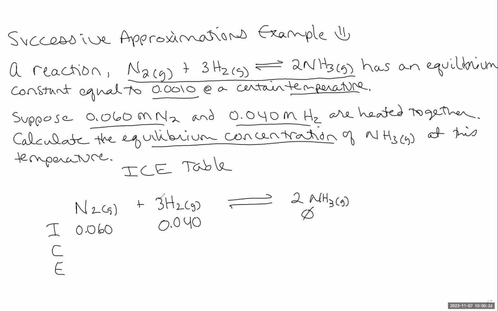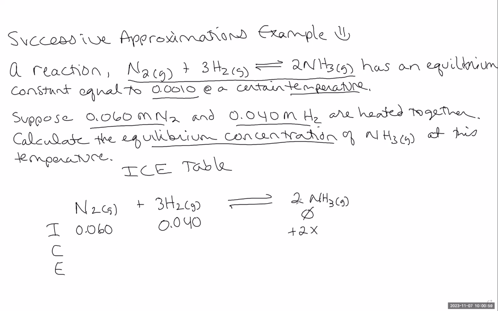Now, when you have an equilibrium system, if you have 0 of something to begin with, you're always going to get some of it. There has to be some of everything at equilibrium. So this one is easy because we can just say plus 2x. We know we're going to get x amount, and since the coefficient of ammonia is 2, it's going to be 2x.